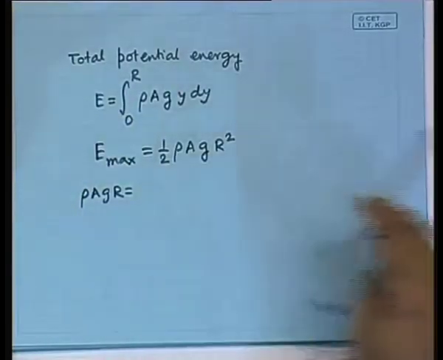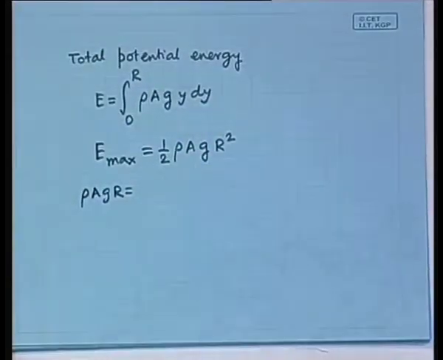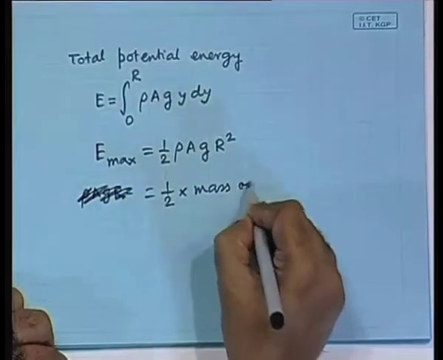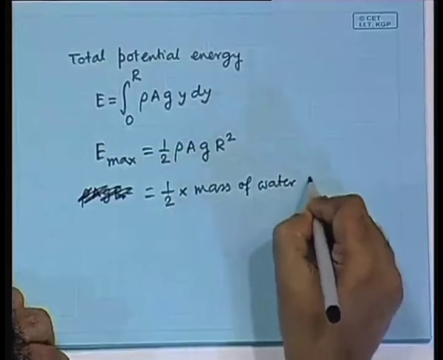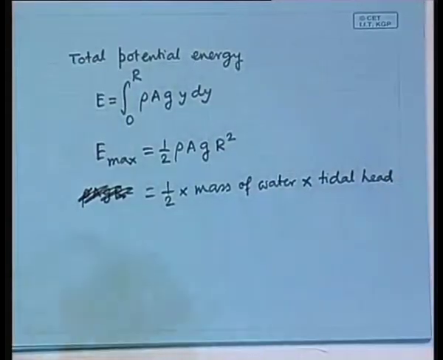Normally people think that you have the total mass and this is the total height, so the amount of energy should be rho A g R square, but it is actually half that. That is what I wanted to prove. So, half the mass times the tidal head.